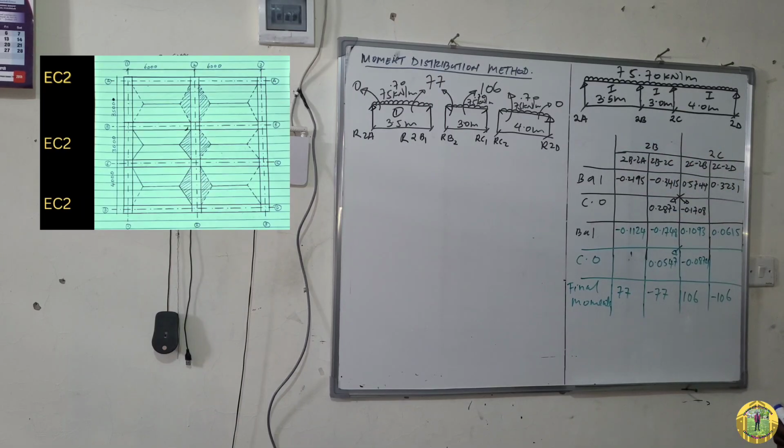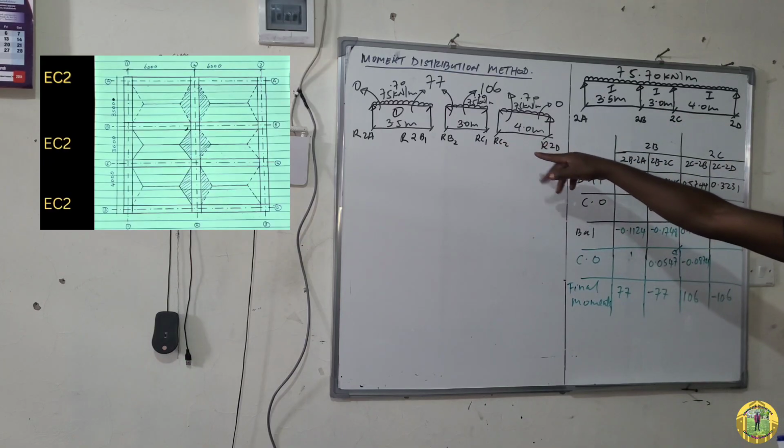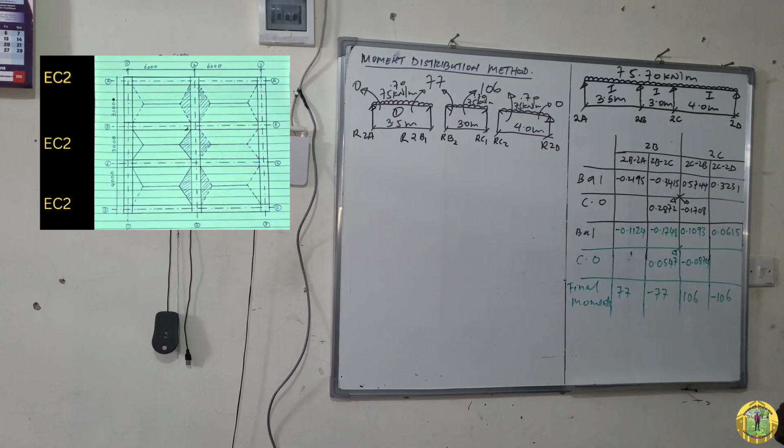So we now proceed to the calculation. Again, remember the spanning lengths, which are 3.5, 3.0, and then 4.0 meters. And then the loading, of course, is 75.70 kilonewton per meter.